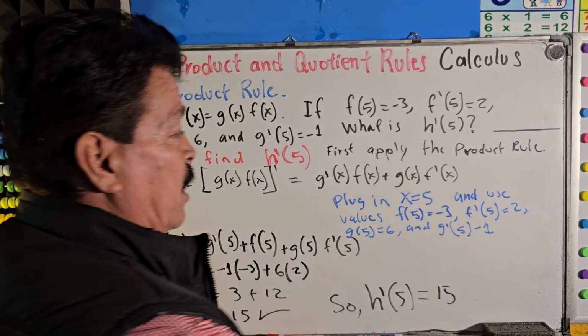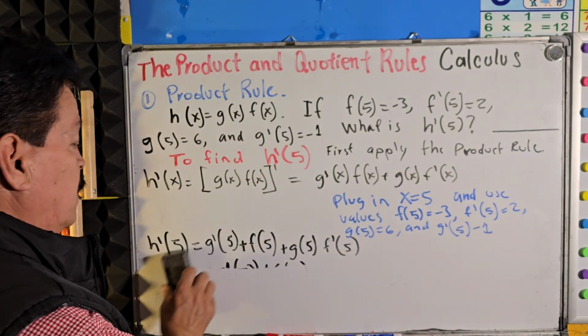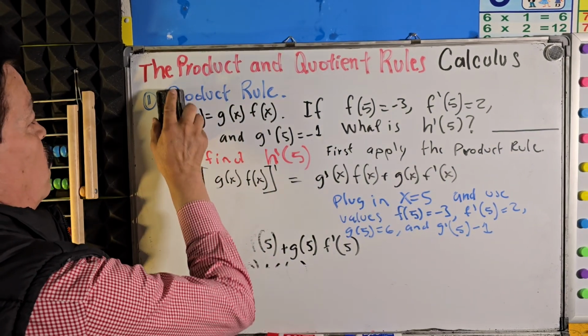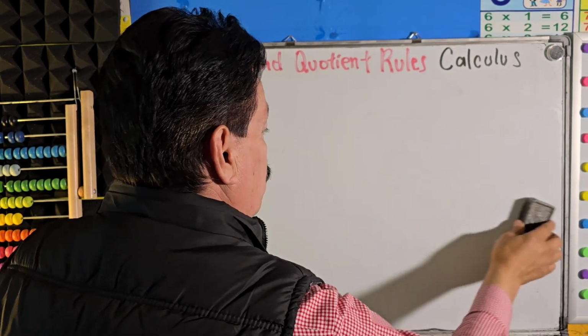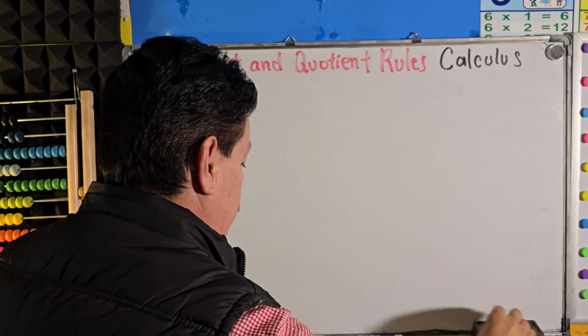So now let's go to the next section. This was the product rule. Next section. I will teach you 4 sections in this class.